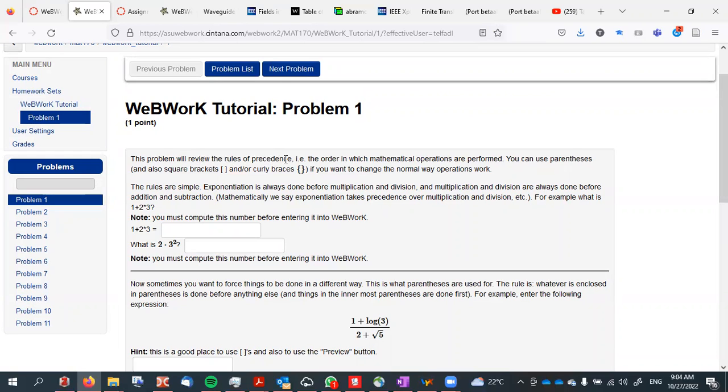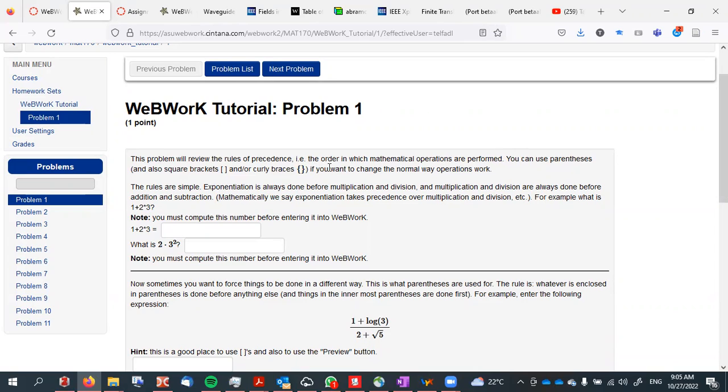in which the mathematical operations are performed and interpreted by the computer, like plus, minus, multiplication, division, exponent. You can use parentheses and also square brackets or curly brackets in order to change the order.